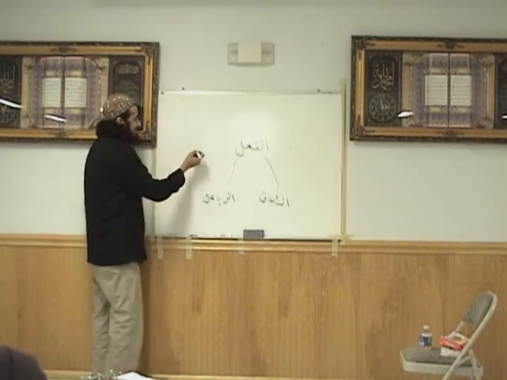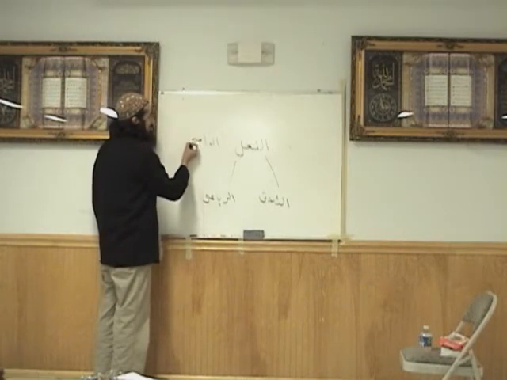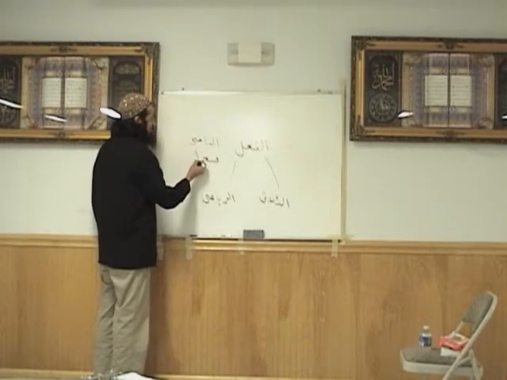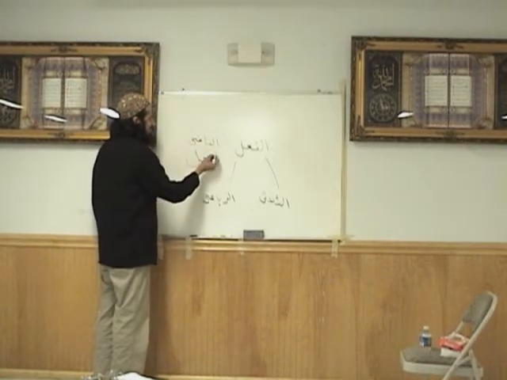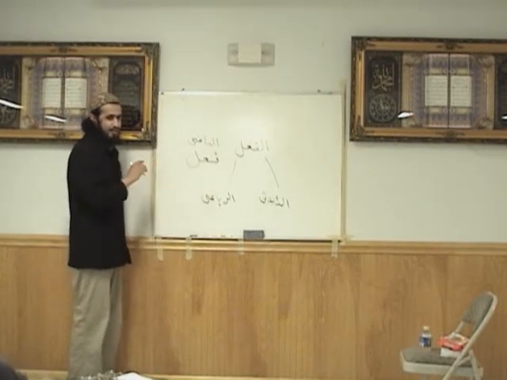And then we discussed al-madi, the past. That the madi has this scale or this form. Fa, ayn, lam. It's always going to be 3 letters in madi.